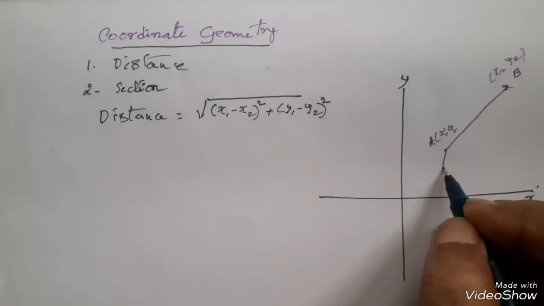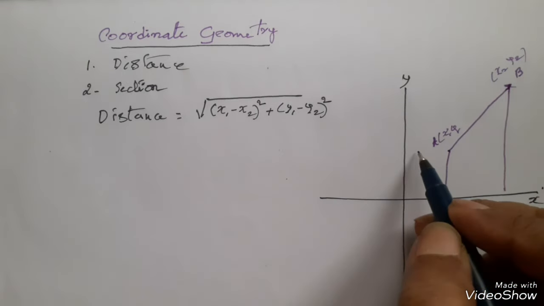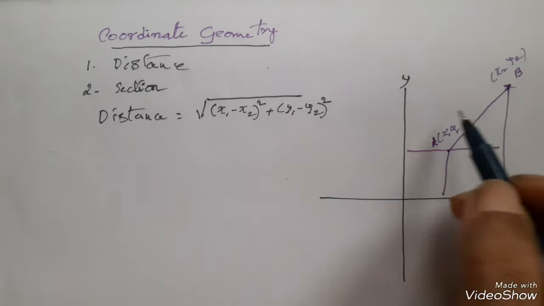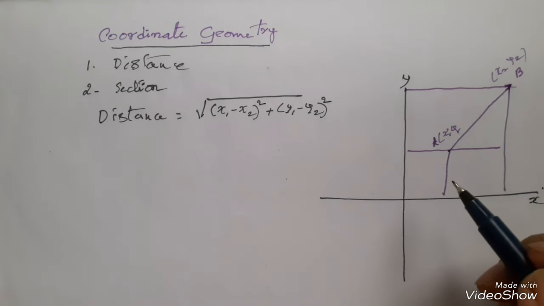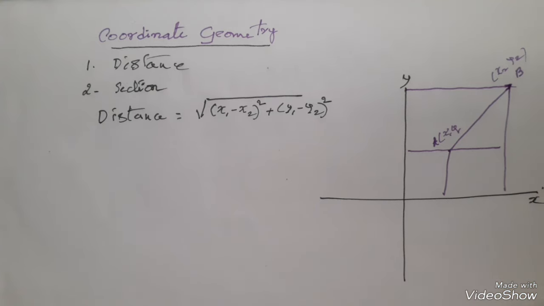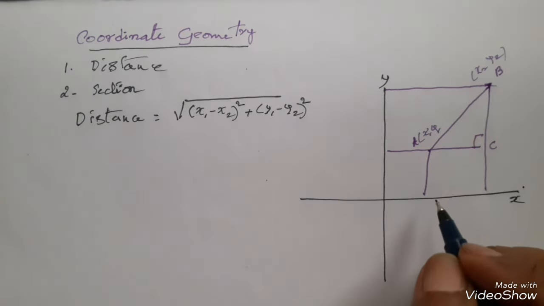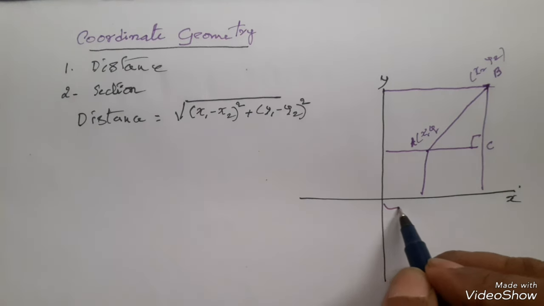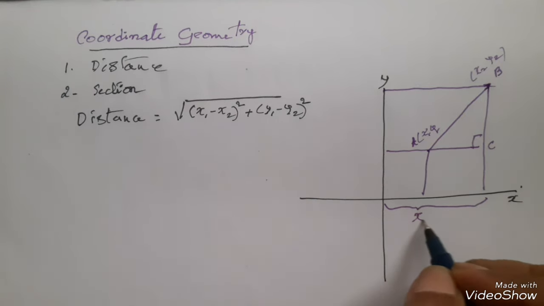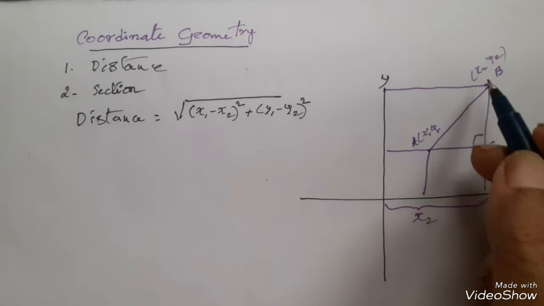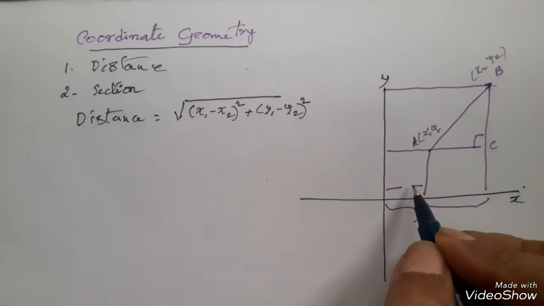So for this, you draw a perpendicular from B to the x-axis, or a line parallel to the x-axis from A. Now we get a right triangle at C. From here to here, the length is x2, since the x coordinate here is x2, and this length is x1.